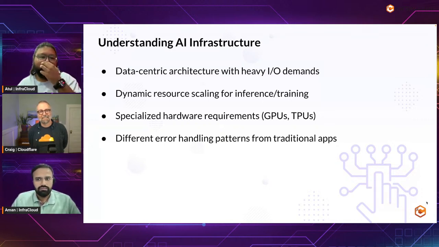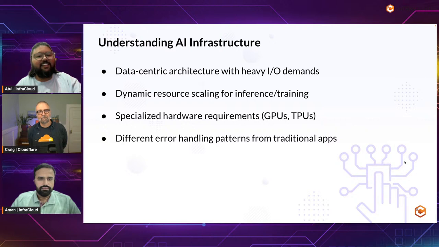Yes, that's absolutely interesting. One thing, Aman, that you mentioned was there is no standardized way when you are building a system here, right? A lot of different things, like you pointed out: your data, your resources, especially when it comes to inference and training, and obviously your hardware, GPUs. The traditional way of handling errors or patterns would probably not work.